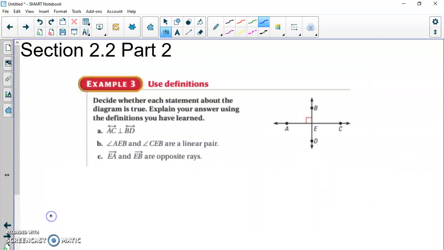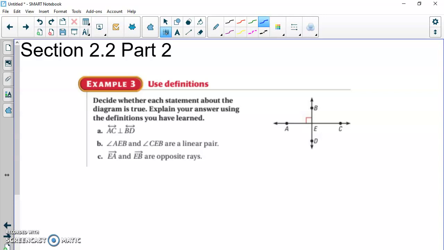All right, we finished class last week with this figure here. And just looking at the figure, what are we allowed to assume that is true?